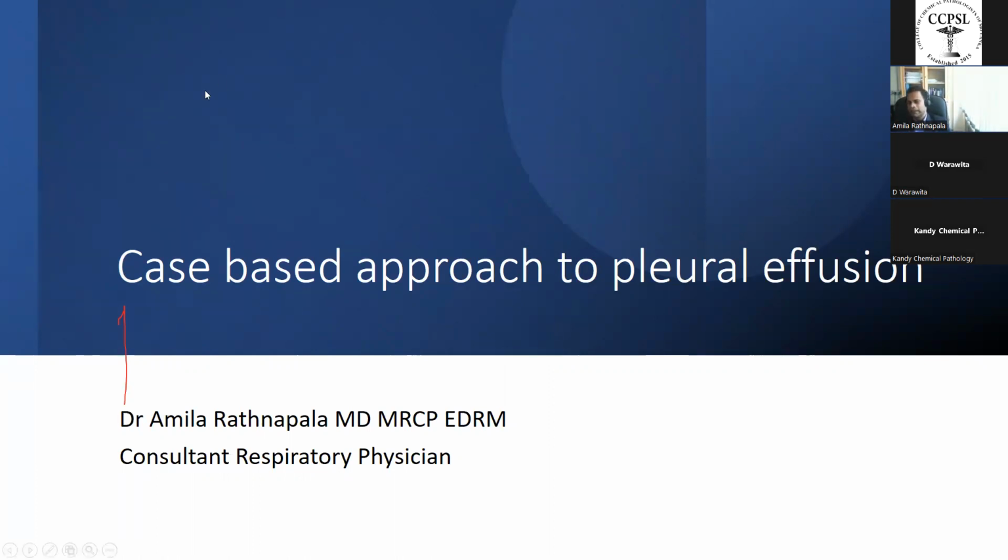Yes, so basically we have a diagnostic algorithm for pleural effusions. Once a patient comes with a pleural effusion, we do the initial analysis, and then we do an ultrasound-guided aspiration, mainly within 1 hour. We do this diagnostic aspiration and then send the pleural fluid for analysis.